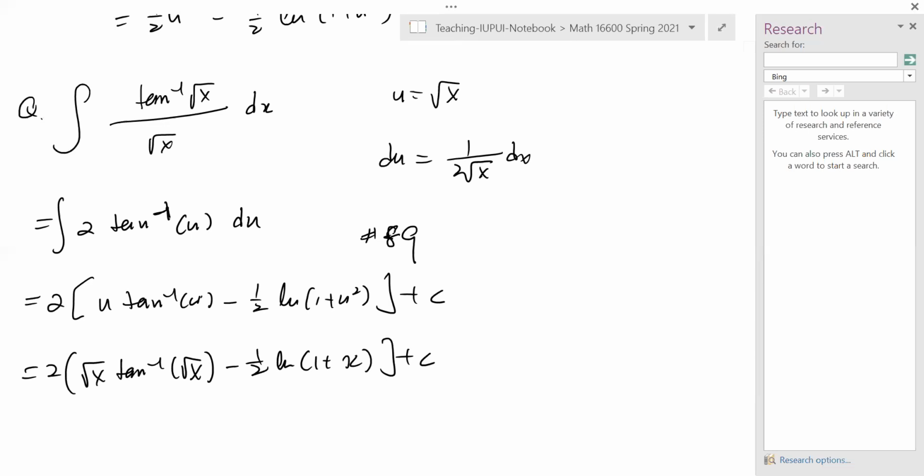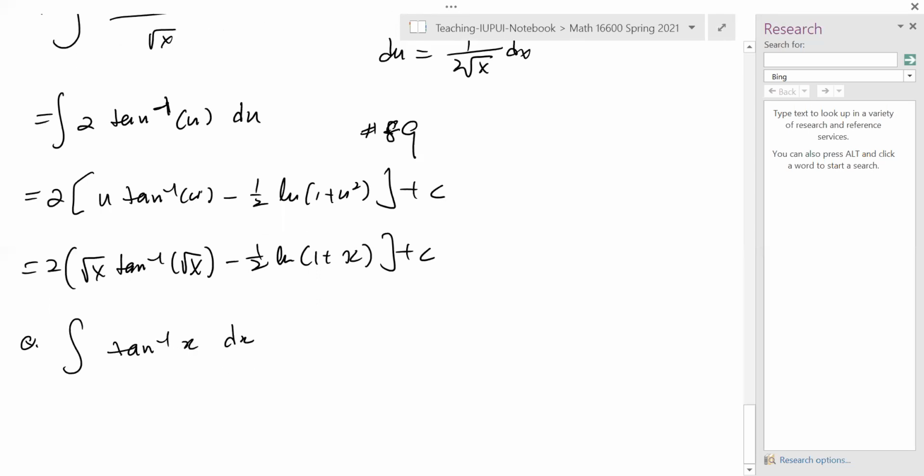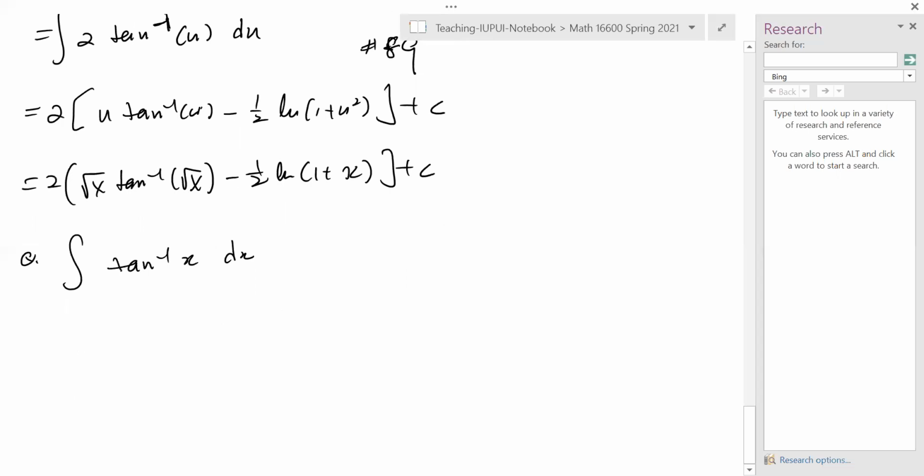So how do you evaluate this? Good exercise: how to evaluate the integral of arctangent x.